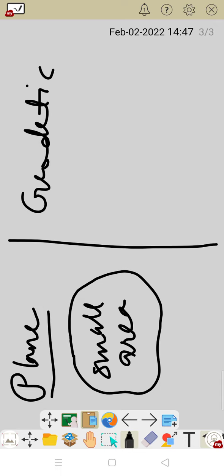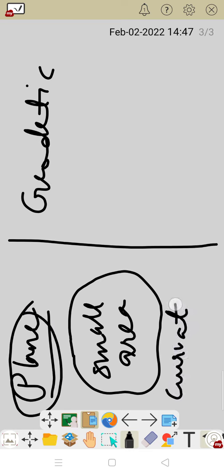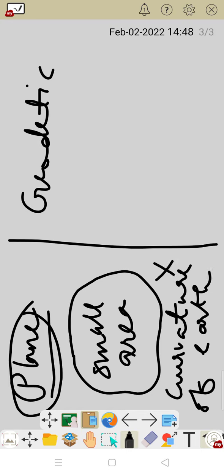The curvature of the earth is neglected in plain survey. That is plain survey, so you are only surveying a very small area. Whereas in geodetic surveying, you are considering the curvature of earth.